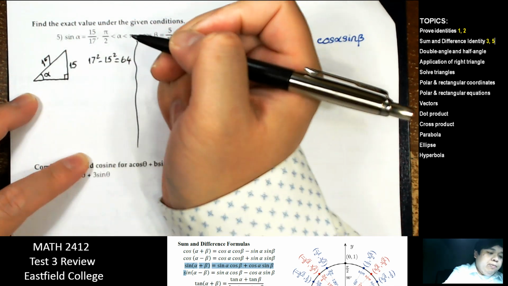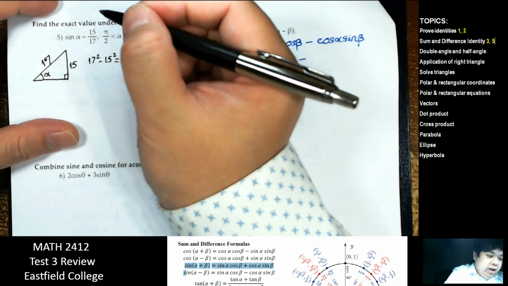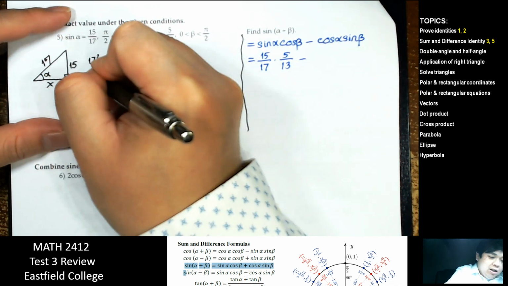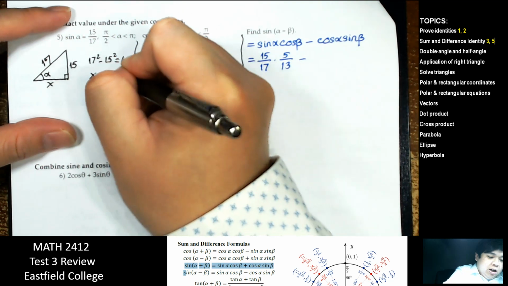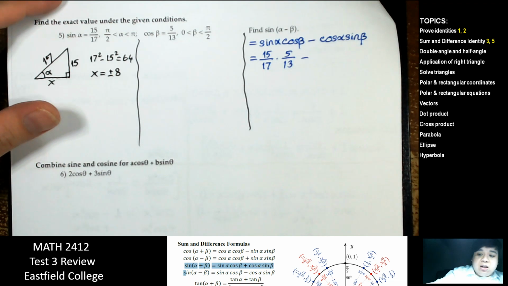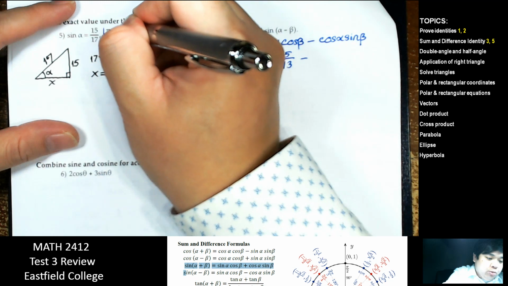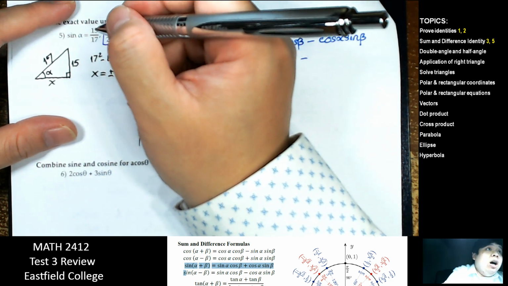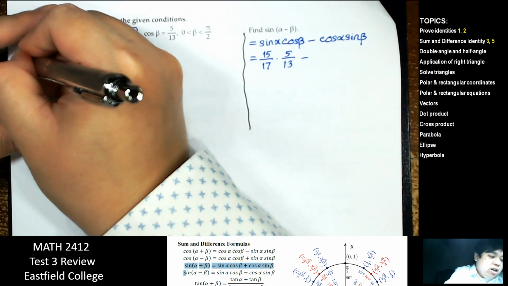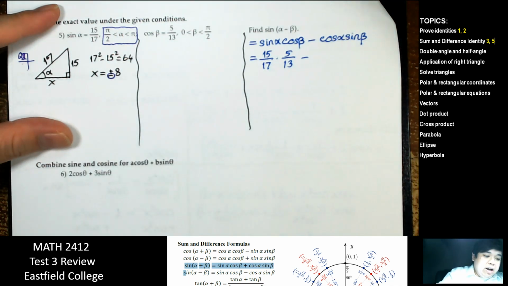So this side is going to be 8 or negative 8. So this side, let that be x, is equal to plus or minus square root of 64, which is plus or minus 8. We need to determine that. In this one, we have the angle between pi over 2 and pi, meaning quadrant 2. In quadrant 2, x is negative, so we have to choose negative. So that is negative 8.